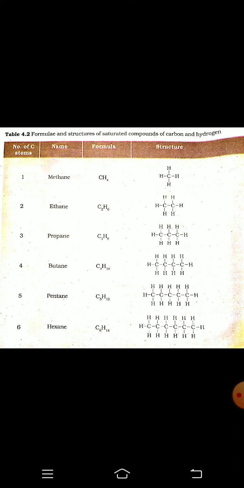Now you see in methane there is one carbon. So one carbon, that is methane. If we have 2 carbon, then it is ethane. 3 carbon, then it is propane. 4, that means butane. 5 carbon means pentane. And 6 carbon means hexane. This way you will remember the names.